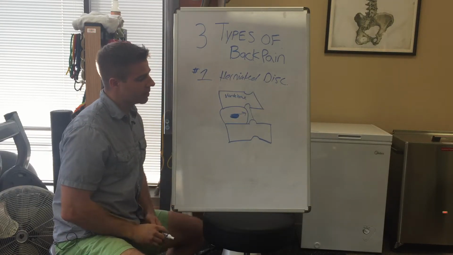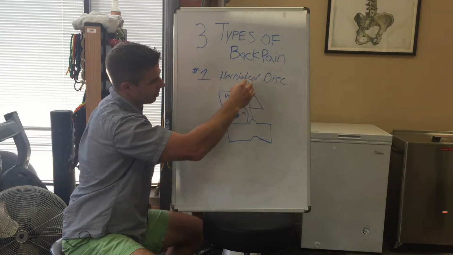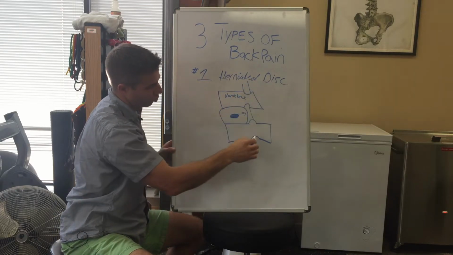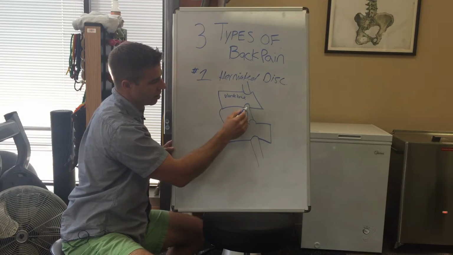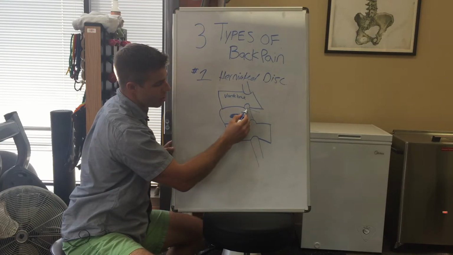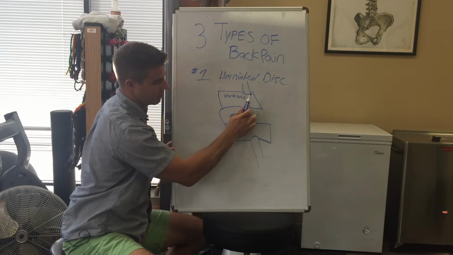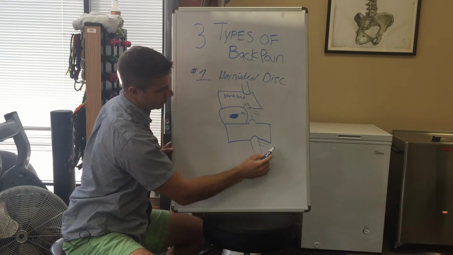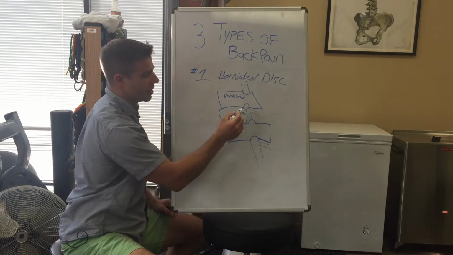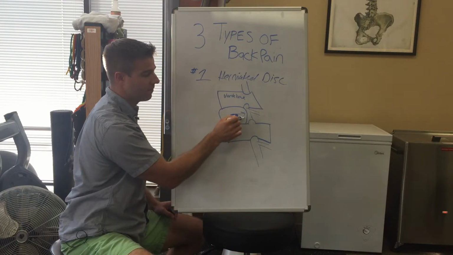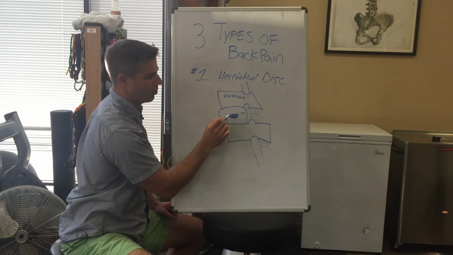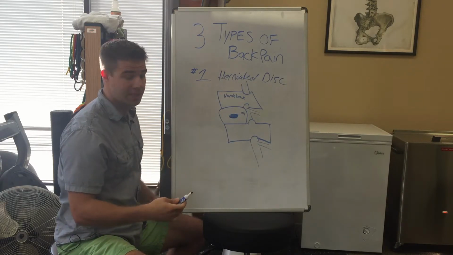Now, that's important because running down through here is your spinal cord, and coming out of your spinal cord are these spinal nerves. If this jelly gets pushed out the back and it breaks through those hard fibers of the disc, it can be a disc bulge or a disc herniation.